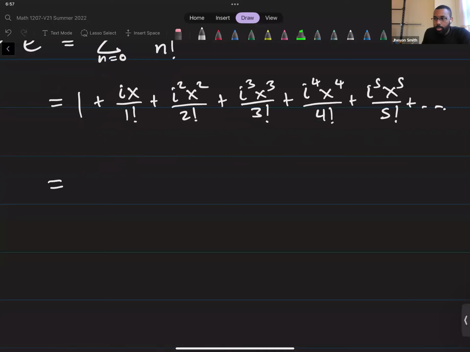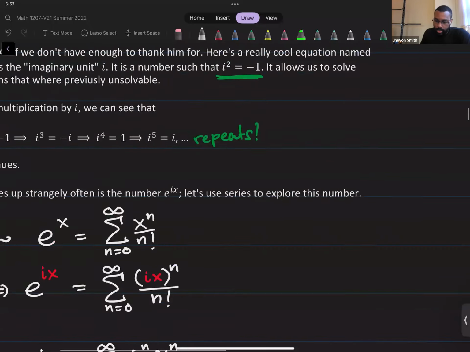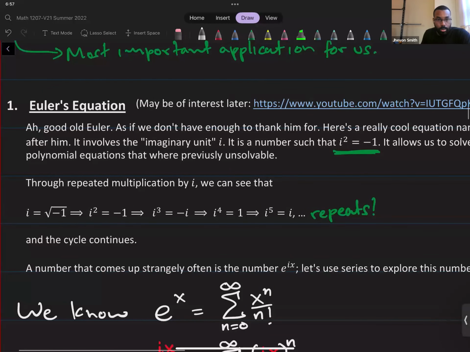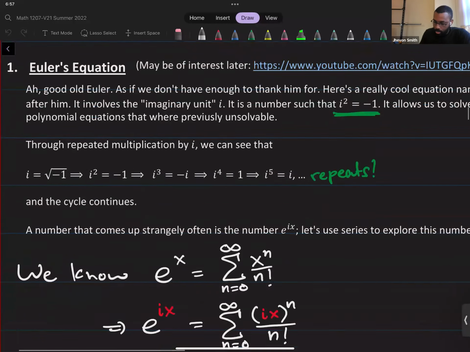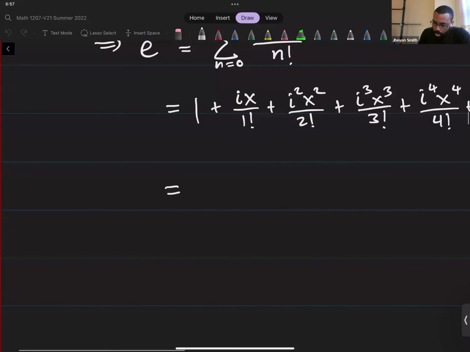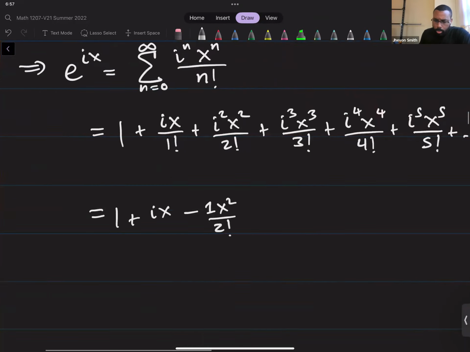Now, I'm going to apply this set of equations that we have here. So it's 1 plus ix. Now, what is i squared? I squared is minus 1, right? So I can replace this with minus 1 x squared over 2 factorial. What is i cubed?